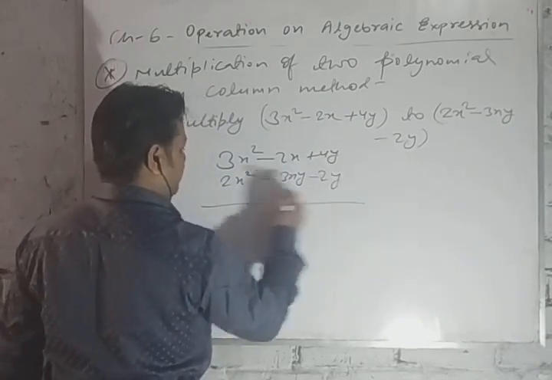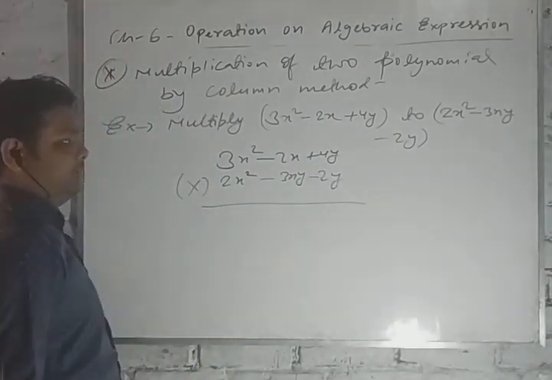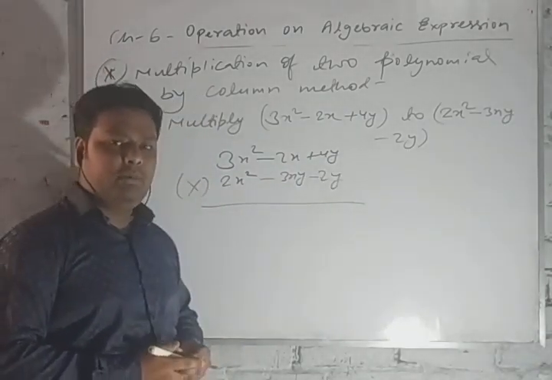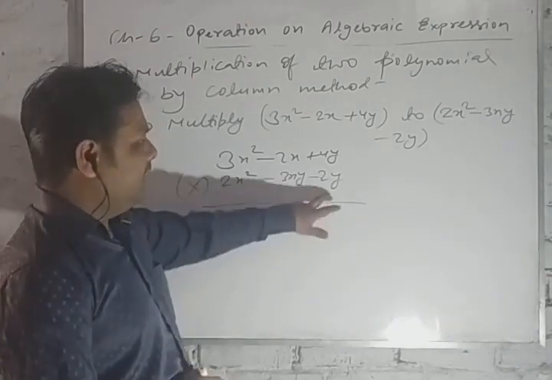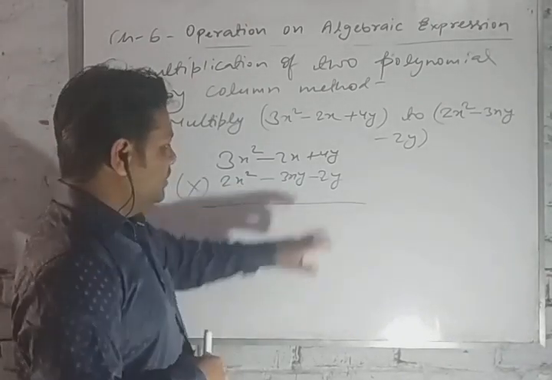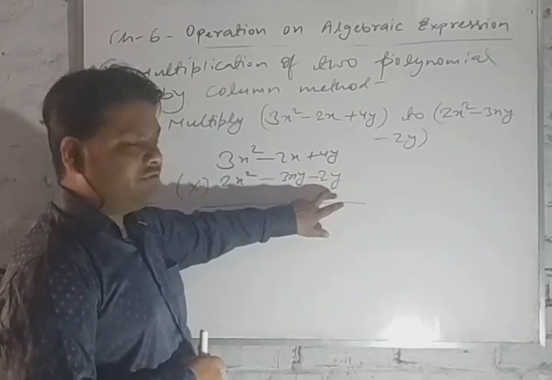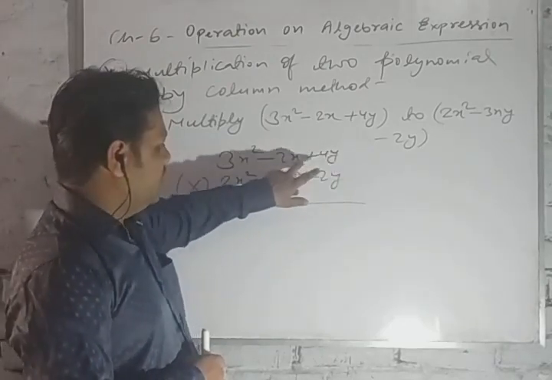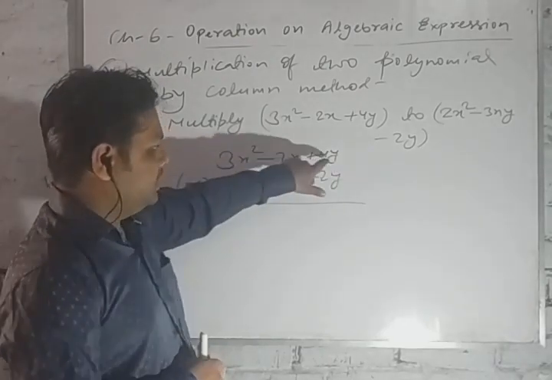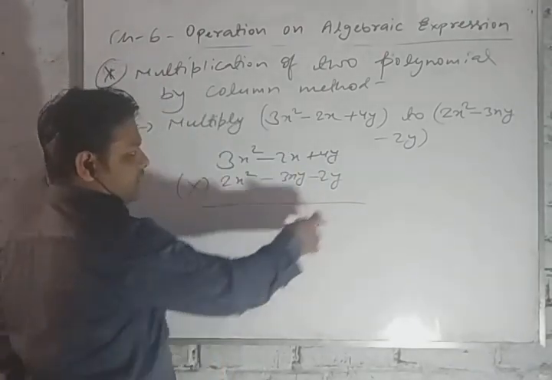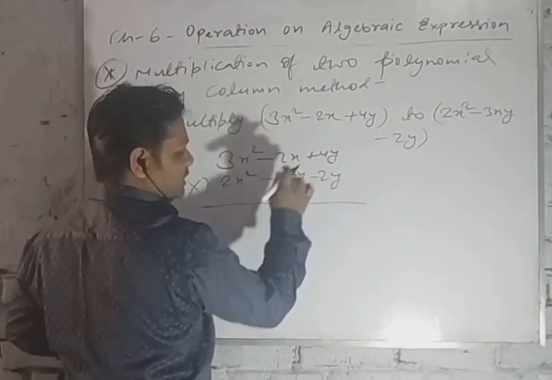Okay, now we have to multiply. Like the multiplication rule, we multiply with the last term, as it is written: multiply the last term of the second expression by each term of the first expression from the last. So at first we have to multiply it with this expression.